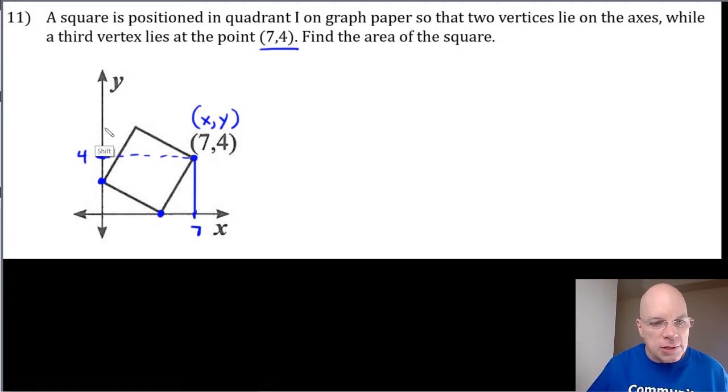And if I start to draw some more lines, you'll see that this square is surrounded by 4 right triangles. Here's a right triangle, here's a right triangle. And by inspection you can see that these right triangles are all congruent.